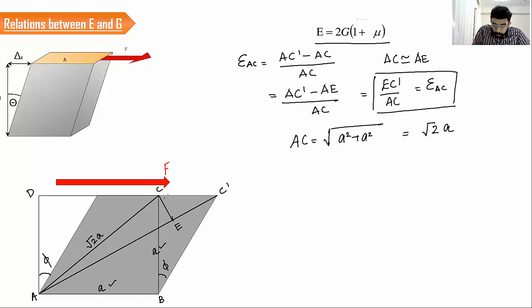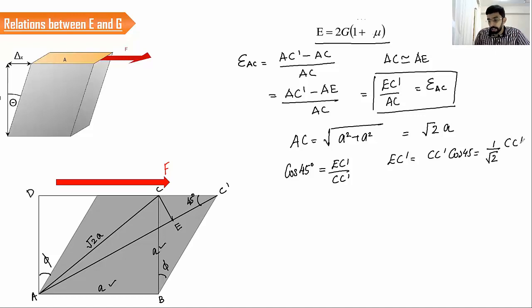Now if you consider this small triangle, that means CEC dash, since the deformation is very small, we can say that this angle is going to be 45 degrees. And if you take the cos value of 45, it is going to be EC dash divided by CC dash. And if you cross multiply, we get EC dash equal to CC dash into cos 45, which is equal to 1 by root 2 into CC dash.